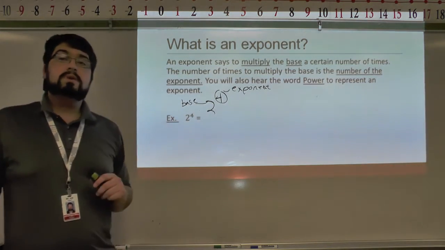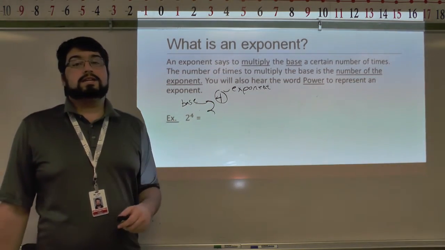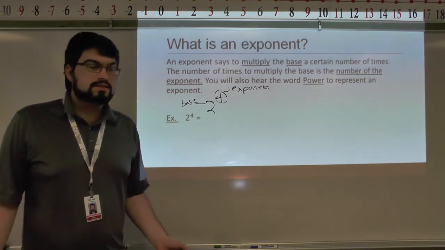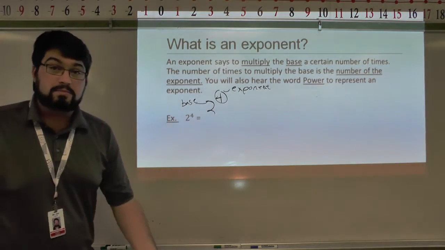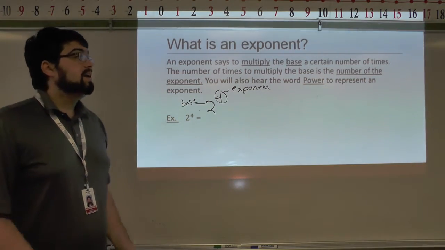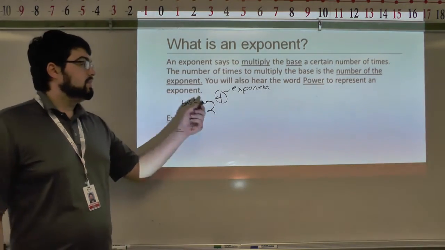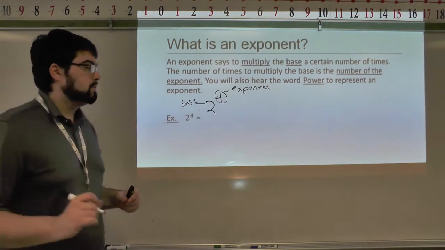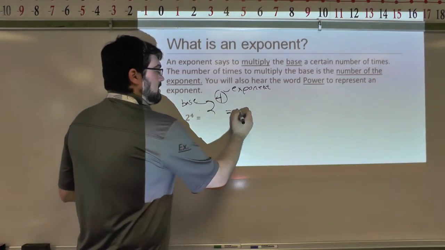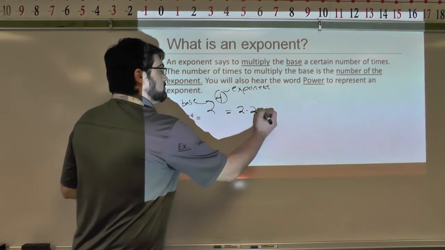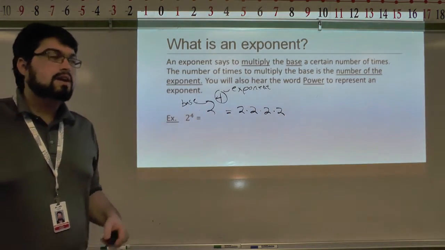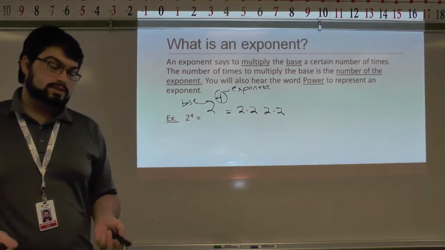So 2 is the base, 4 is the exponent. Now let's actually do what the definition tells us. It says to multiply the base a certain number of times, and that certain number of times is the number of the exponent. So this tells me to multiply 2 4 times. So if I'm going to expand this out, 2 times 2, 4 times. And that is what an exponent is.